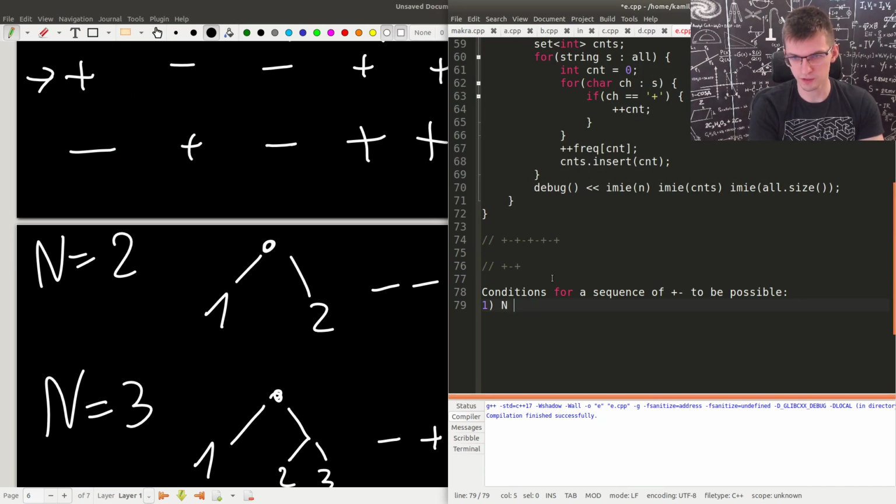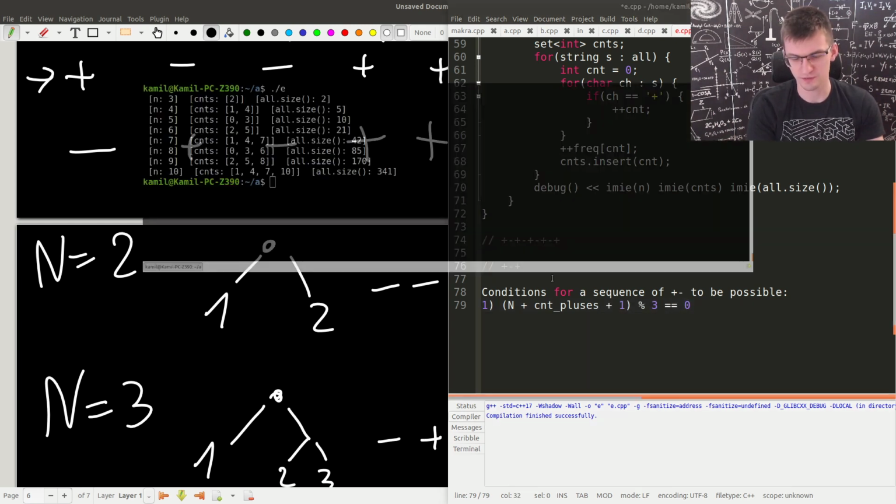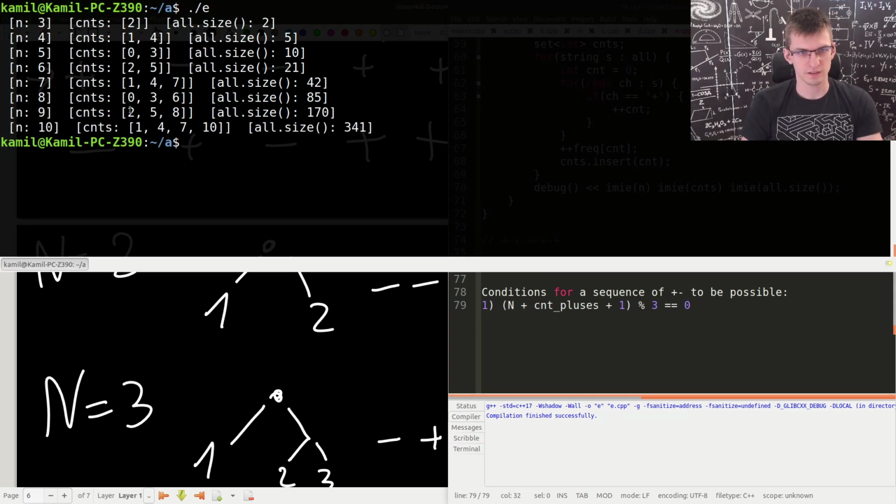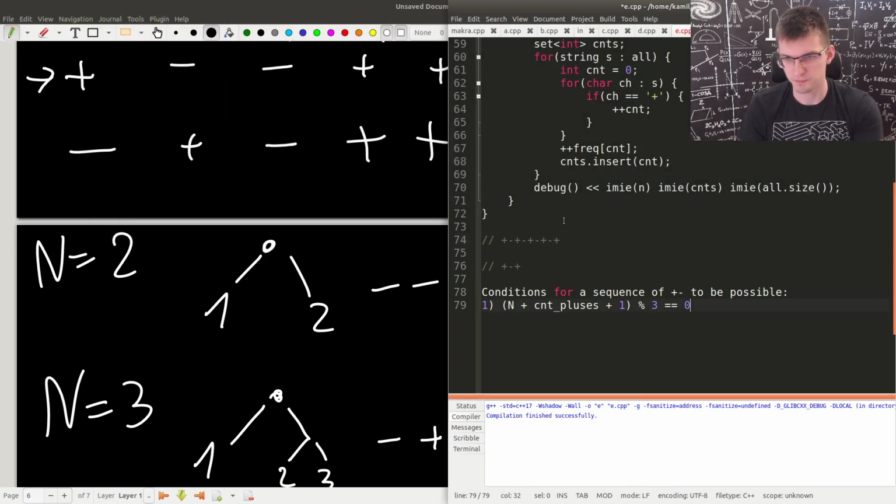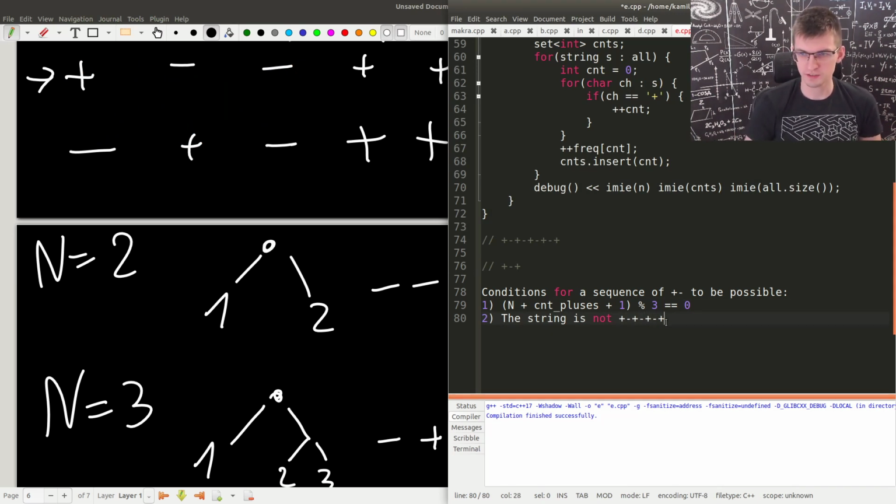And modulo 3 count pluses plus 1 modulo 3 is 0, right? Like this. Yep, this is 1. The string isn't plus minus alternating for odd n. This is forbidden.